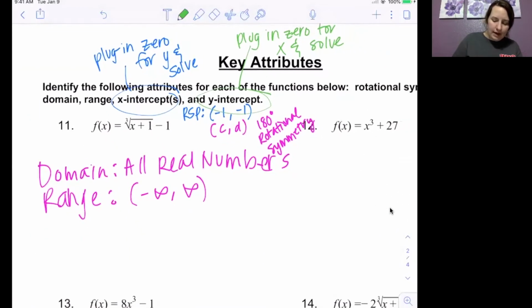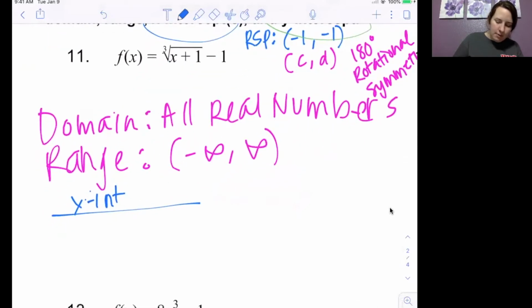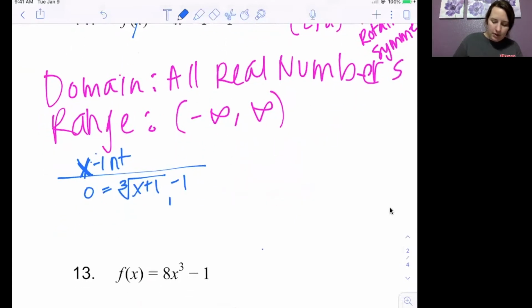So we're going to do x first. Remember, f of x is the same thing as y. So for x-intercept, 0 for y equals cube root of x plus 1 minus 1. So we're going to add the 1. 1 equals cube root of x plus 1.